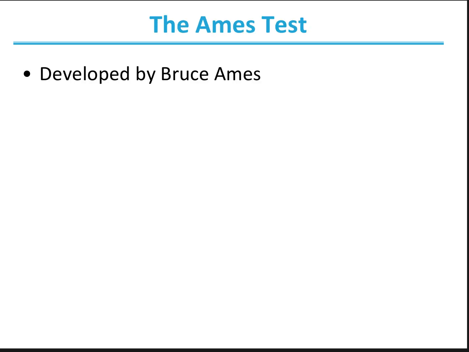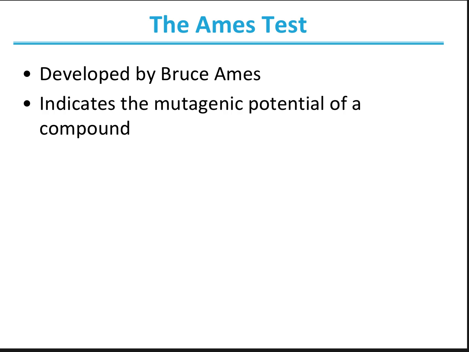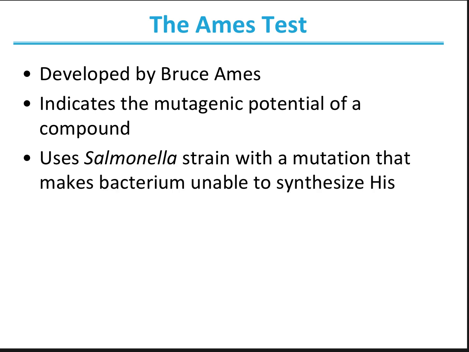The Ames test was developed by Bruce Ames, and it's used to determine the mutagenic potential of a compound. This assay uses a Salmonella strain. This strain has a mutation that makes the bacteria unable to synthesize histidine.